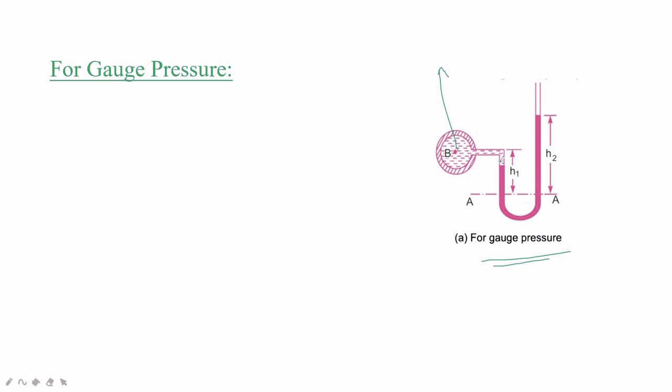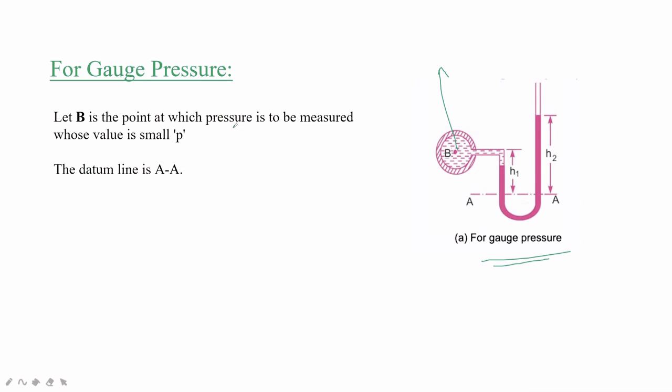So this is the U-tube manometer. Now I'll tell you, this B is the point at which pressure is to be measured, whose value is P. So the pressure at B, we will take as small p. In this system we take a datum line as AA.